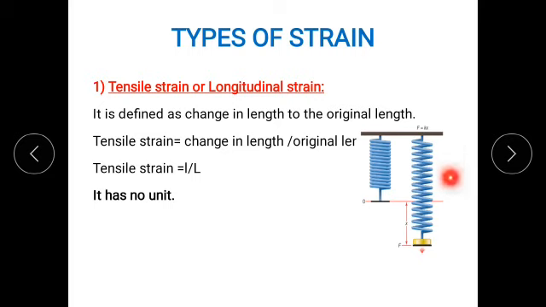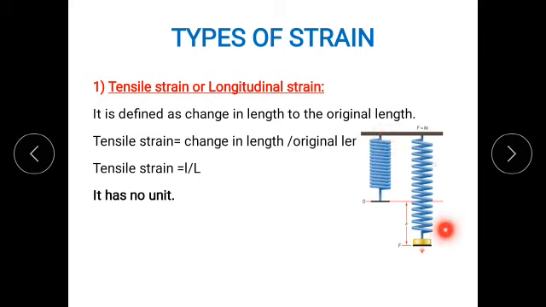Here consider the example of a wire or a spring. When this wire is in its original position, that means when load is absent, this is the original length of the wire.